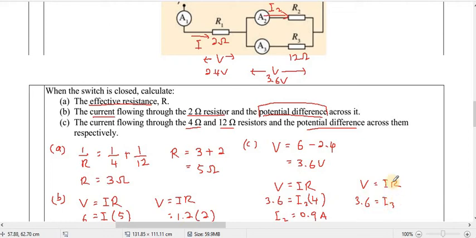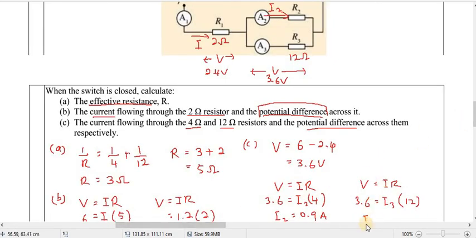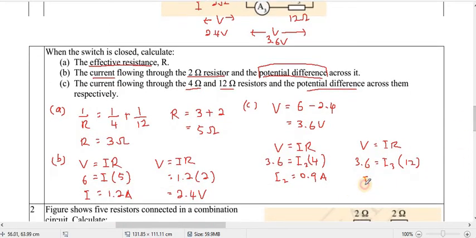This is current 3, and this R is 12. So current 3 is 0.3 ampere.